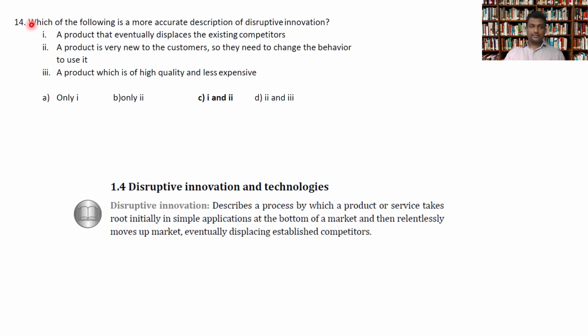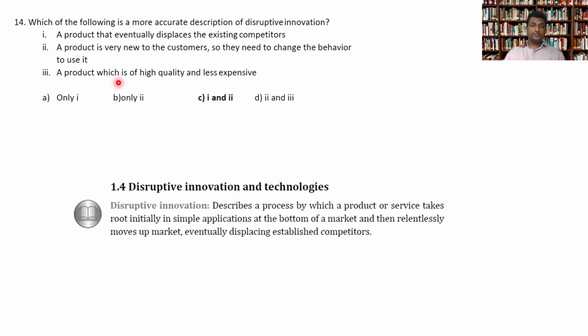So if you look at the answers given, first one is the product that eventually displaces existing competitors. So that, yes, that is a possibility. So it displaces the existing competitors, correct. A product is very new to the customers, so they need to change the behavior to use it, correct.